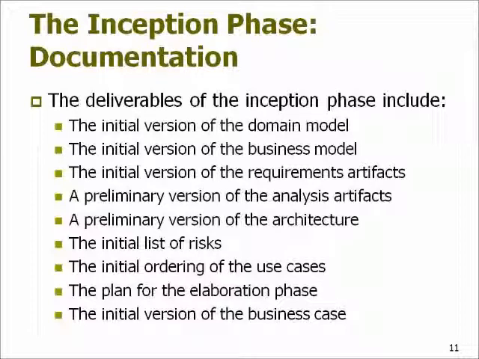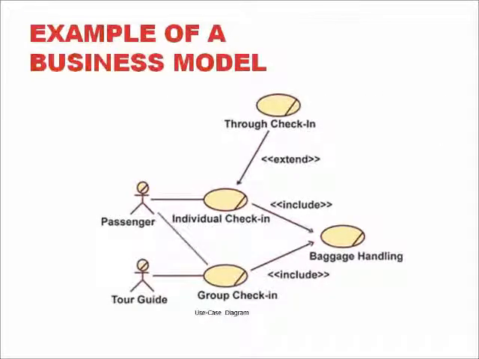Doing designs, having the first ideas of how the system works, what sort of environment exists for the product, and what sort of documents we have to do. For example, the business model here uses a bit different notation than what the Argo UML uses, but it's more or less a use case diagram.